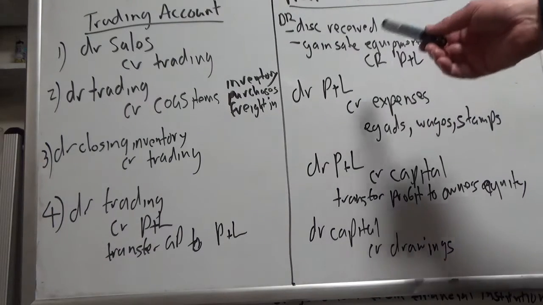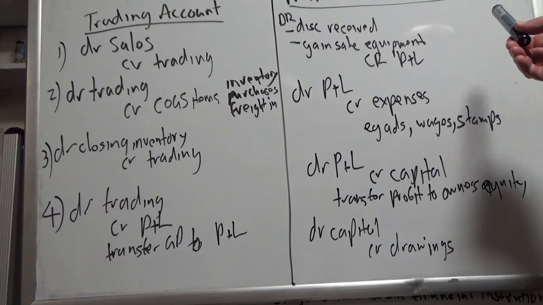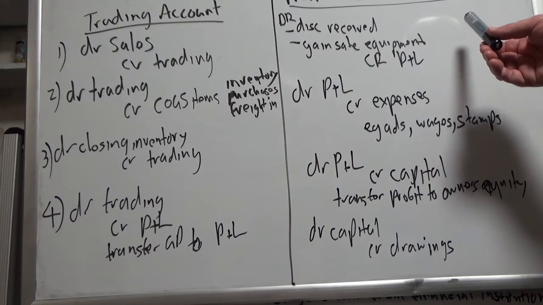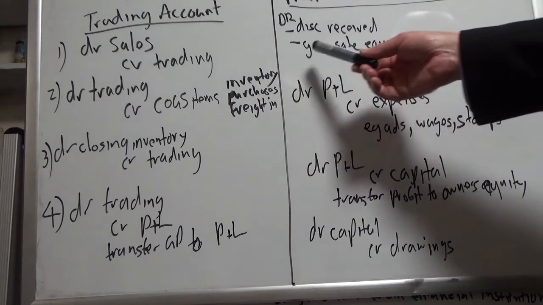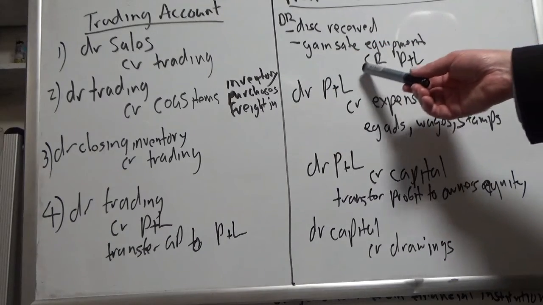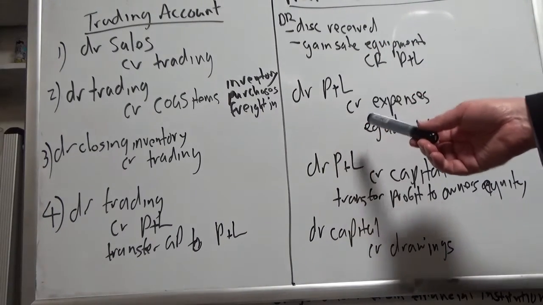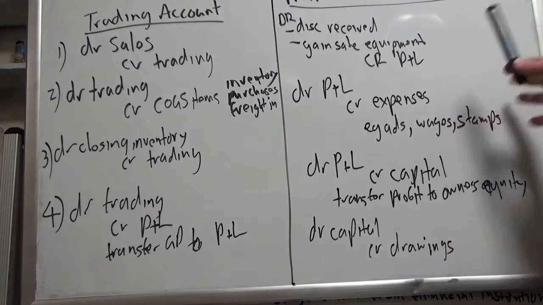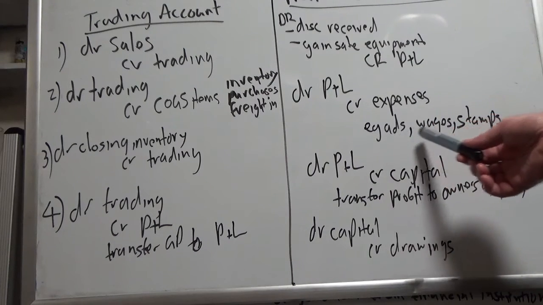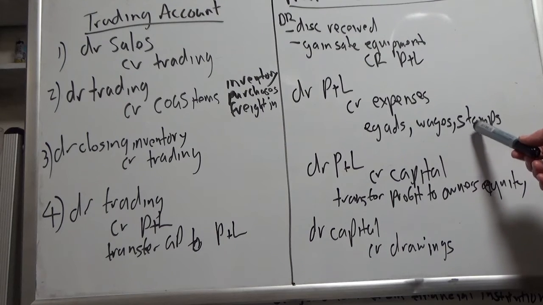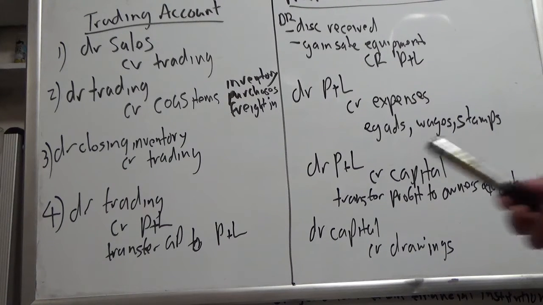Over to profit and loss, just before the financial statement of the P&L is put out, you debit discount received and gain on sale of equipment and credit P&L. You debit profit and loss and credit all the expenses that we saw before below the gross profit line, such as advertising, wages, stationery, stamps, and electricity.